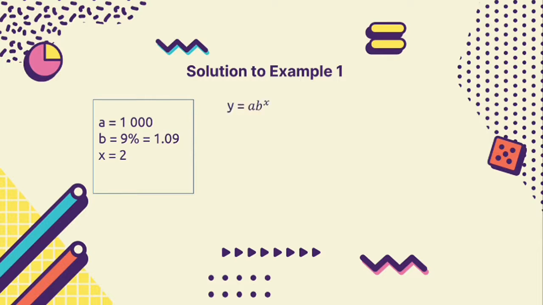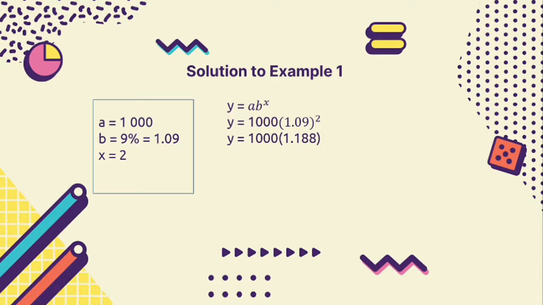y equals a times b raised to x. So, y equals 1,000, which is the a, multiplied by 1.09, which is the b, raised to 2, which is the x. y equals 1,000 multiplied by 1.09 raised to 2, which is 1.188.